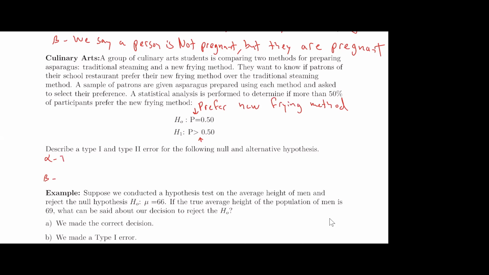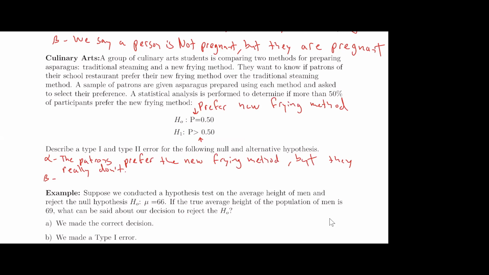So in the type 1 error, we'll say the patrons prefer the new frying method, but they really don't. And that's your type 1 error.